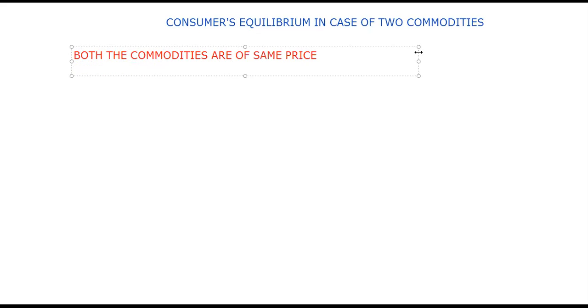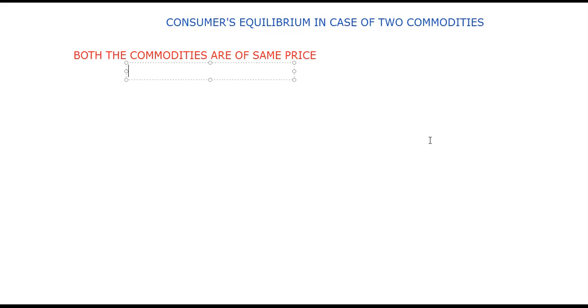100 rupees per kg. Suppose we have assumed both the commodities are 100 rupees per kg. What will happen when both the commodities are 100 rupees per kg? When will you be in equilibrium, if both the commodities are of the same price?